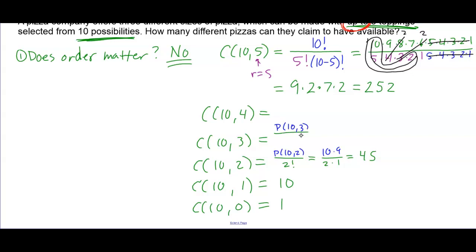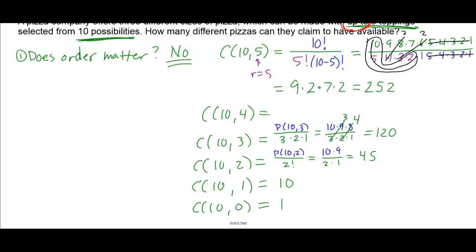So some of these formulas are easier in one version, or they're easier in another version. So here, for this one, same idea. I'm going to do P(10, 3) over 3 factorial, and that's going to give us 10 times 9 times 8 over 3 times 2 times 1, and we get some cancellation here, and we get 120. Now C(10, 4), that's kind of a borderline case.